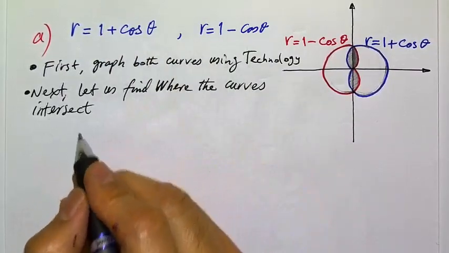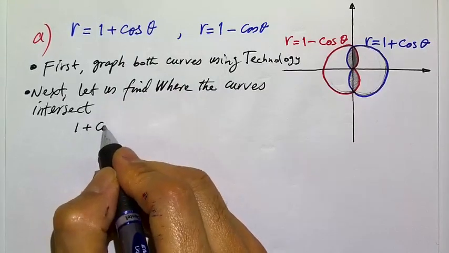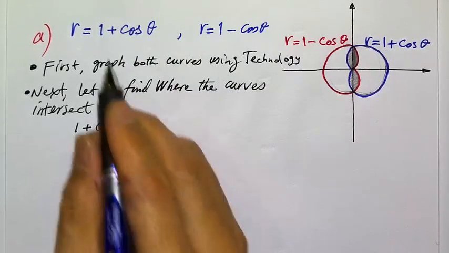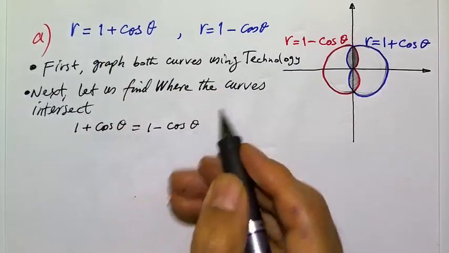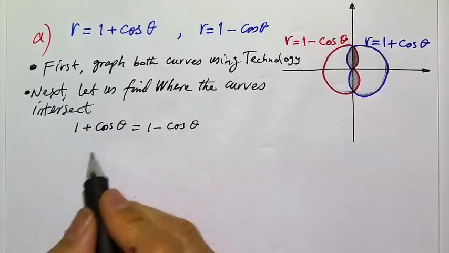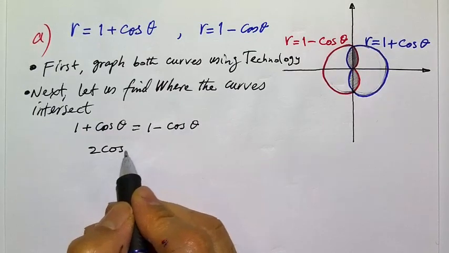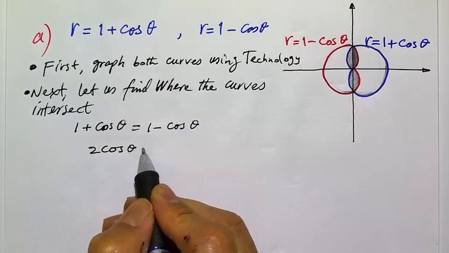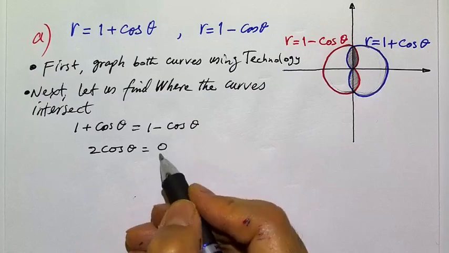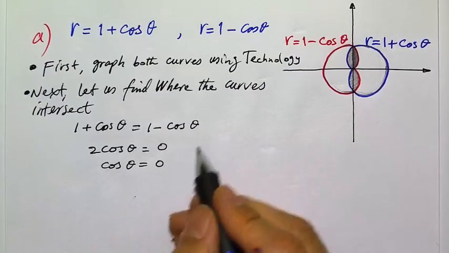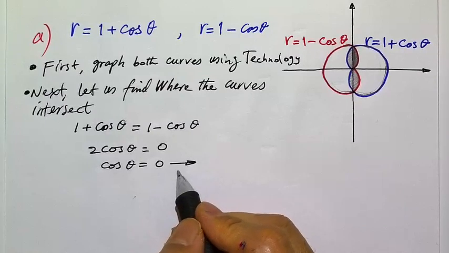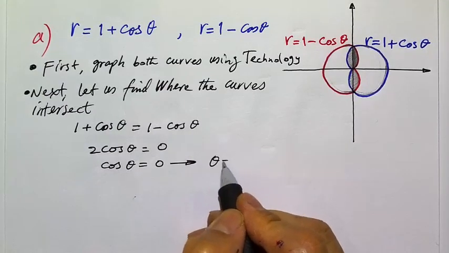So we have 1 plus cosine of theta equals 1 minus cosine of theta. So we do the algebra on this, we end up with 2 cosine of theta equals 0, and then that means cosine of theta is equal to 0. And where is cosine of theta equal to 0?